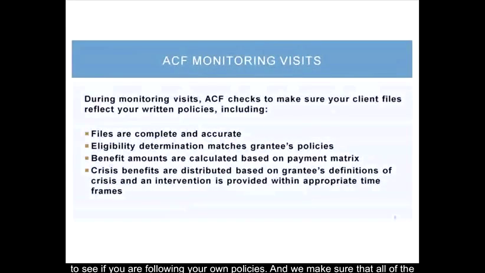We make sure all the documents that are supposed to be there are there, that the file is complete and that it's accurate. We redo all of your calculations to determine eligibility. We want to make sure that our math matches your math, and that we follow your formulas and your policies for how to determine eligibility to make sure that we are able to duplicate what you have done.